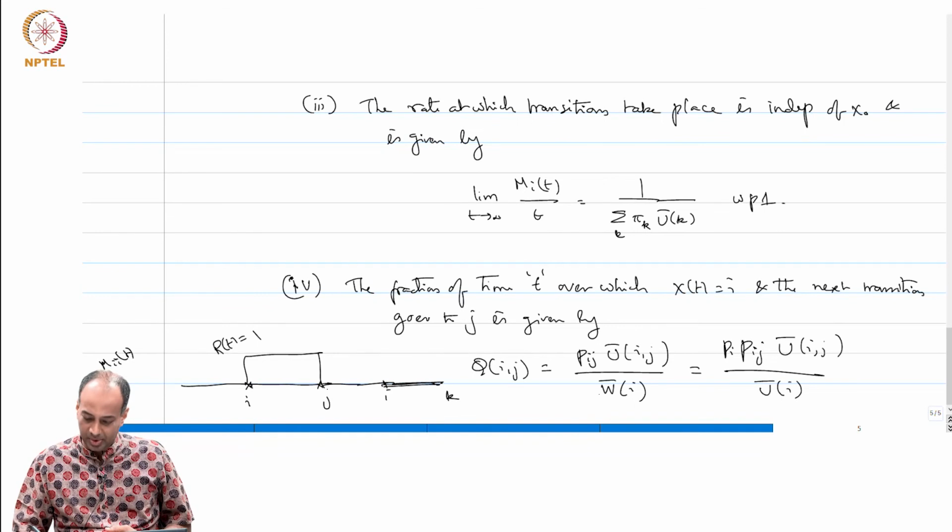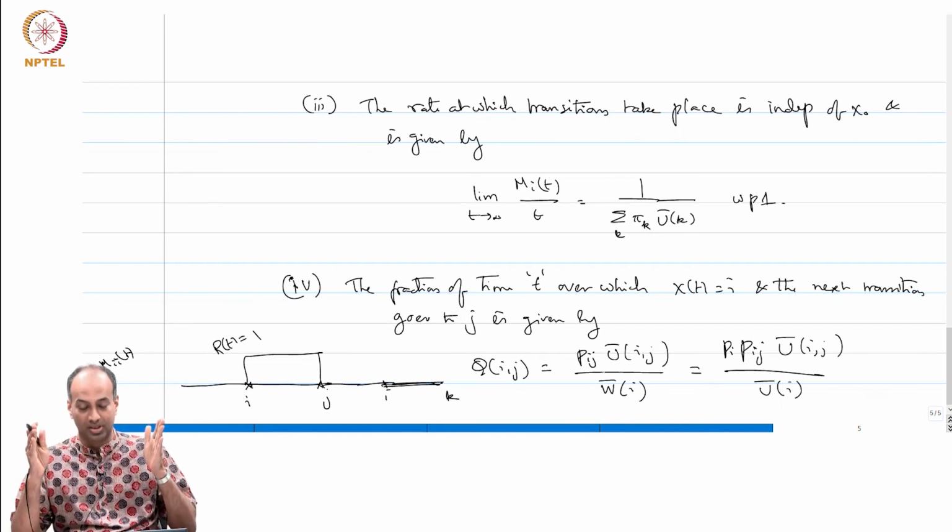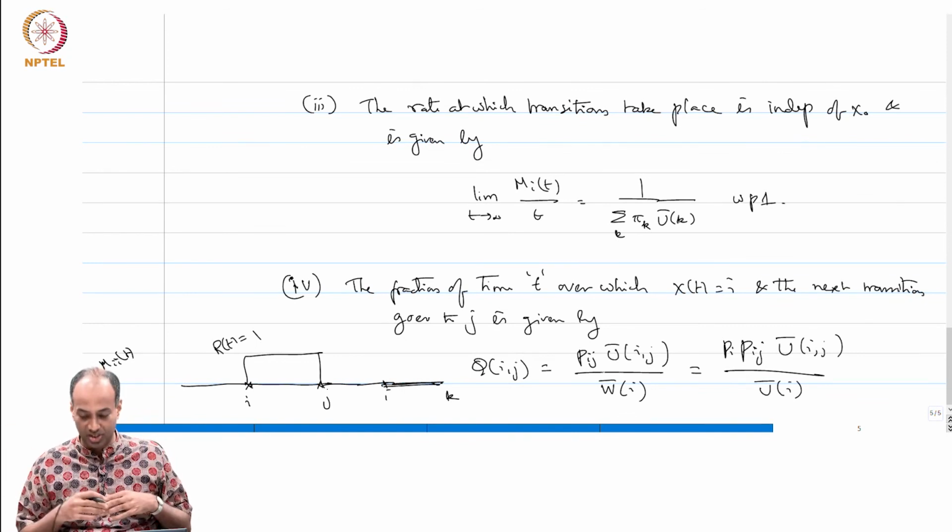So, the w bar i in the denominator is the X bar for this renewal process, and P_ij is the probability with which you go from i to j. u bar ij is the average holding time whenever you are in state i transitioning into j, but you also have a P_ij factor because you could go into any one of the other states as well.